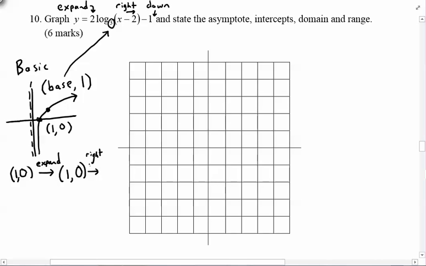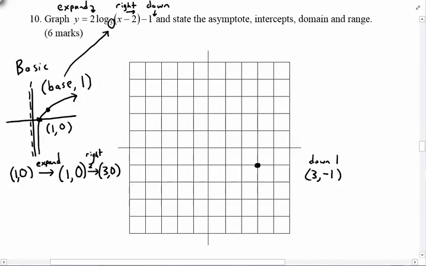So we'll add 2 to the x value, and then we'll move it down 1. So we'll subtract 1 from the y value, and that'll tell us where the point ends up. So eventually we'll end up at the point (3, -1), right there.